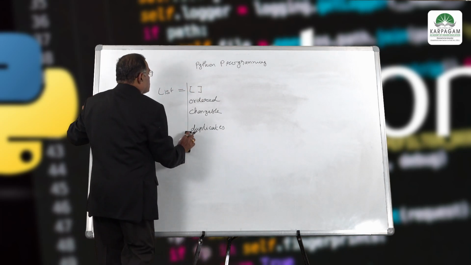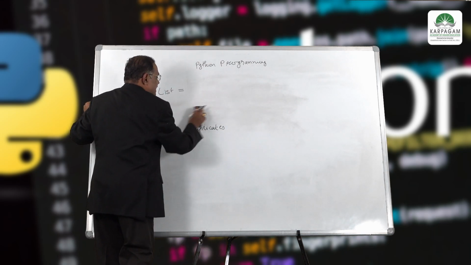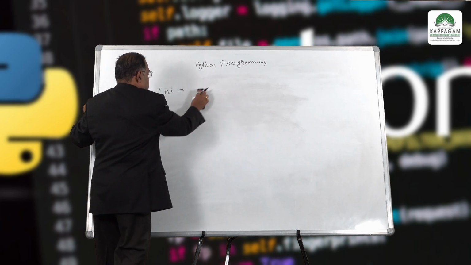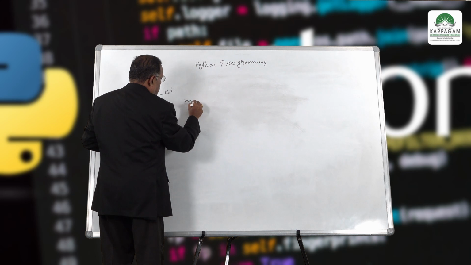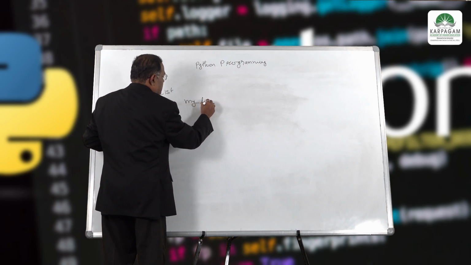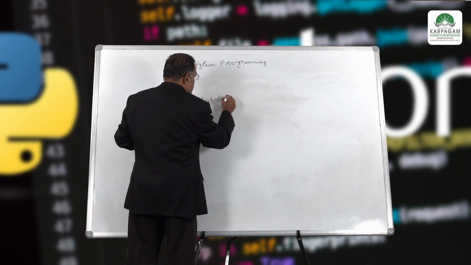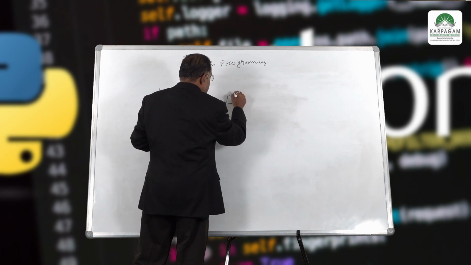Now I am going to say how to declare or initialize the list. We can give the name my_list equal to open square braces. If it is a number, then I can give it like this.